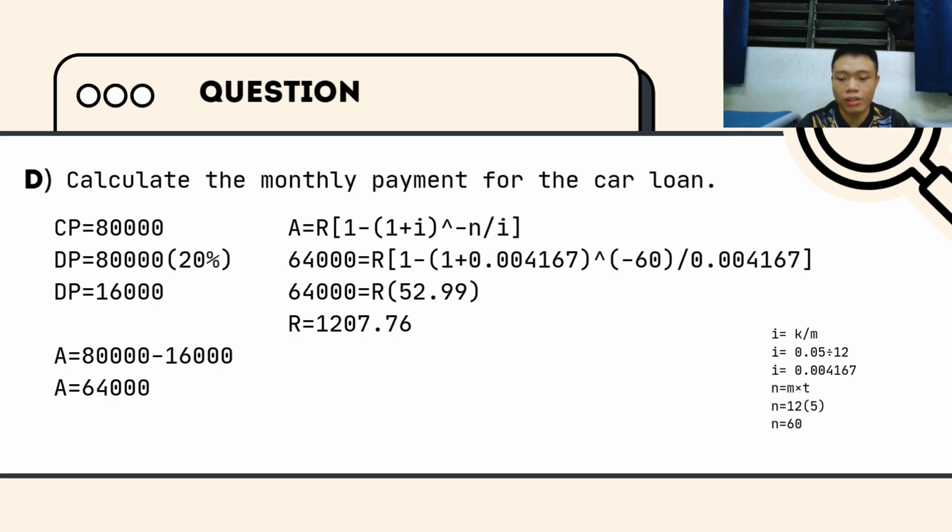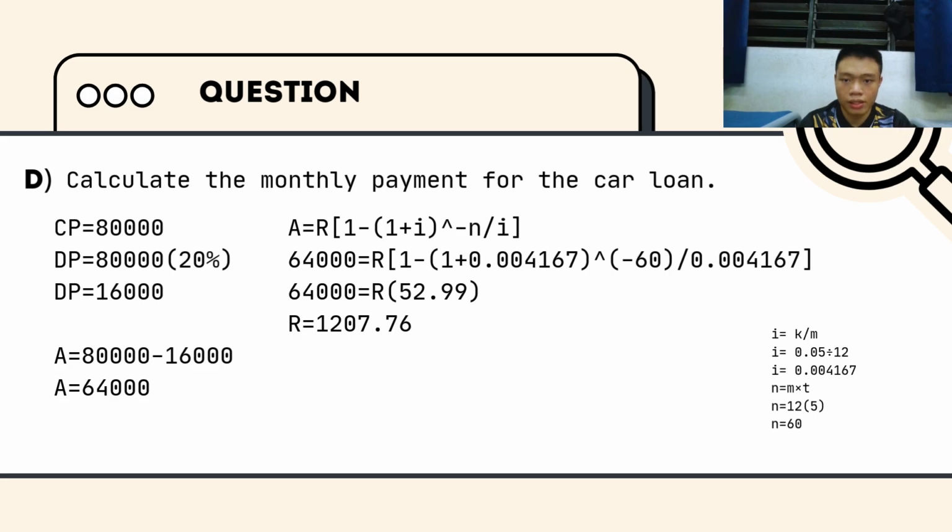Lastly, we will use the formula A equals R, open bracket, 1 minus in bracket 1 plus I power of negative n over I, close bracket.